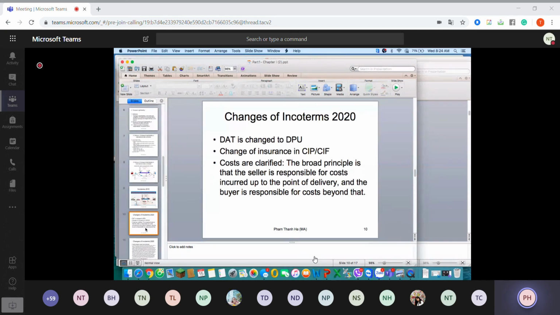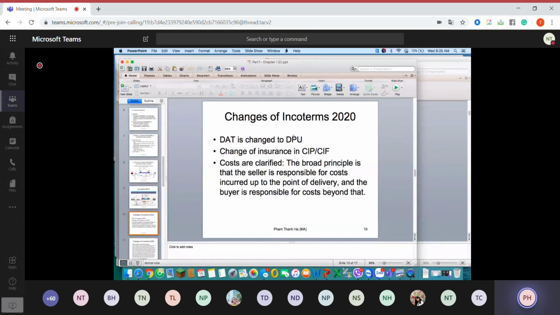Okay. Now I'd like to introduce a little bit more information related to the changes in Incoterms 2020. The first thing is DAT is changed to DPU, which I already introduced in a video. Then the change of insurance for CIF and CIP: I already introduced a video about the C clause and how to apply the I clause for the CIP.